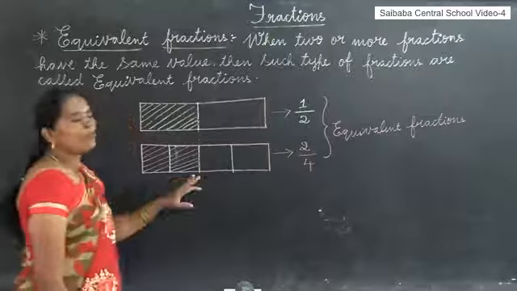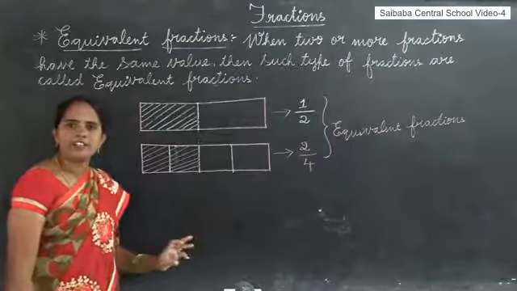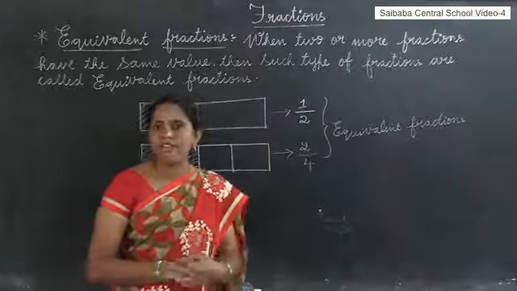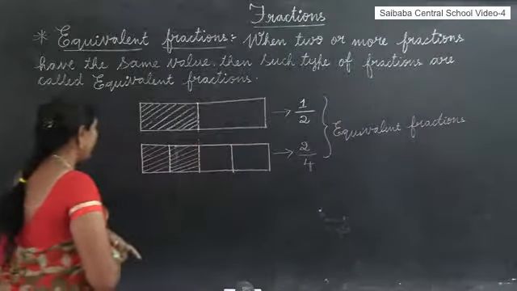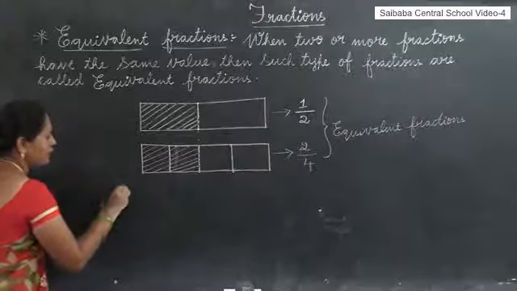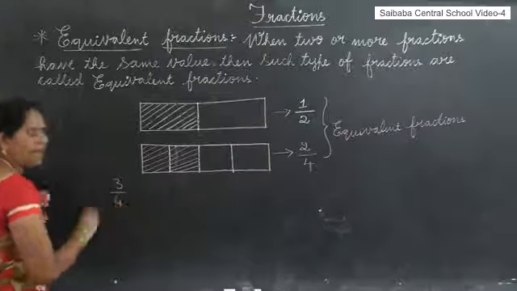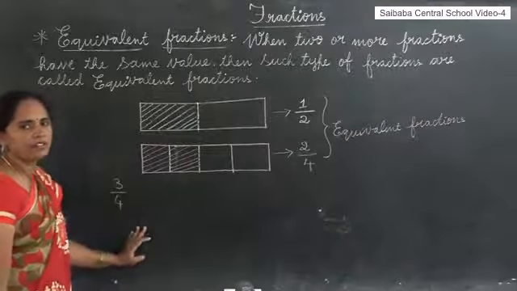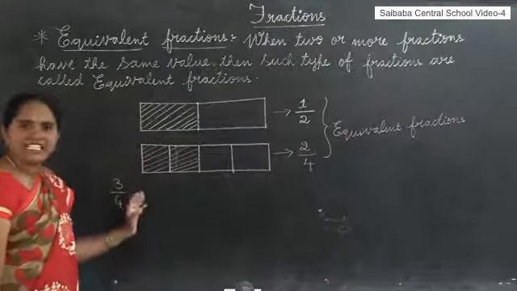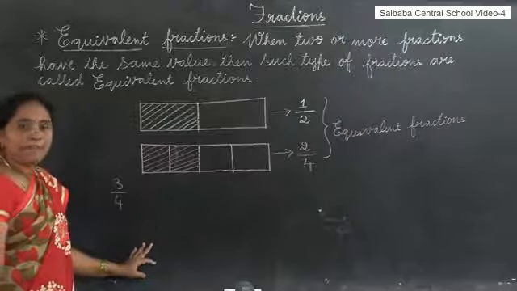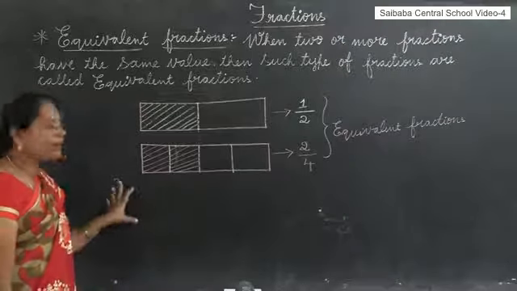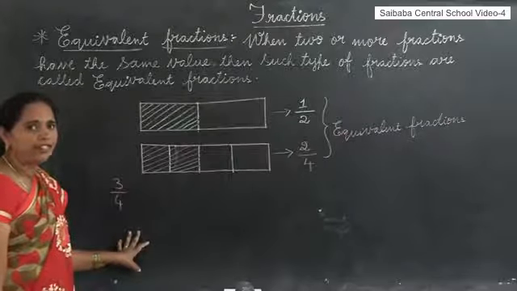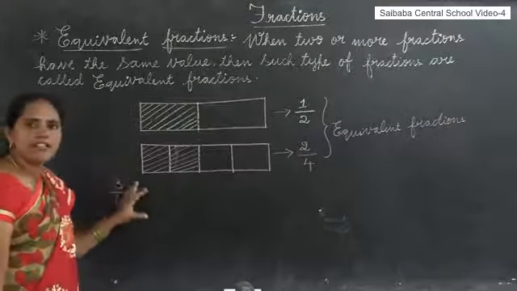Now, how to find equivalent fractions? If they give any fraction, how do we find the equivalent fractions? For example, they have given 3 by 4. How to write any 5 equivalent fractions of 3 by 4, or any 6 equivalent fractions of 3 by 4? Children, equivalent fractions are very easy.